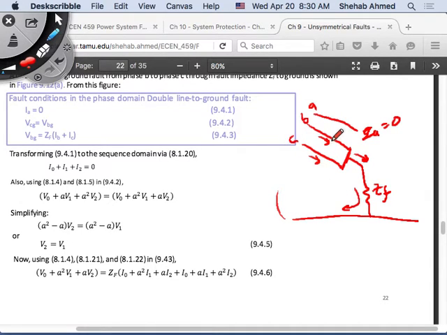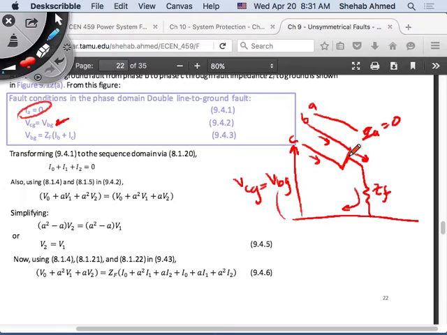So IB plus IC multiplied by Z fault is equal to either the VBG or VCG, because VBG and VCG will be the same. They will be equal to the current flowing in the fault impedance multiplied by the fault impedance value. So the voltage drop across the fault impedance. So these are the conditions. IA is equal to 0. VB is equal to VC, right?